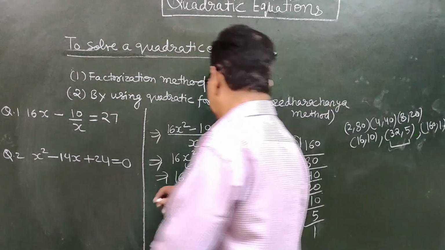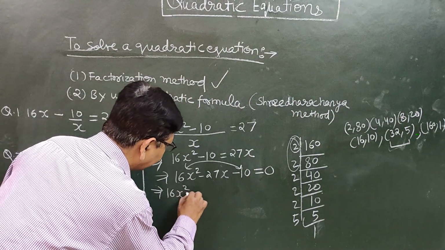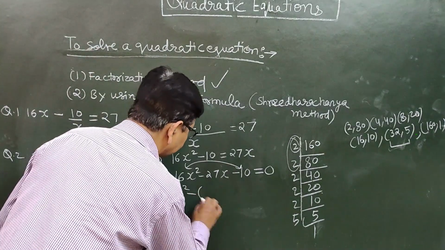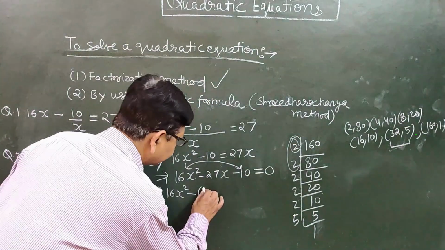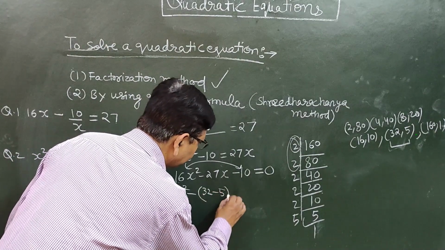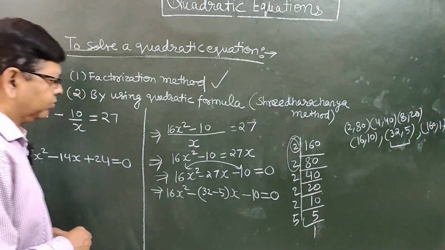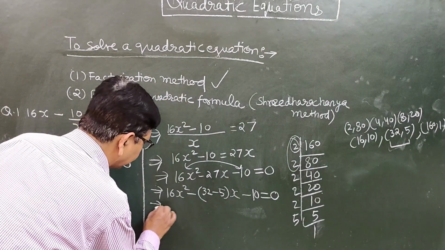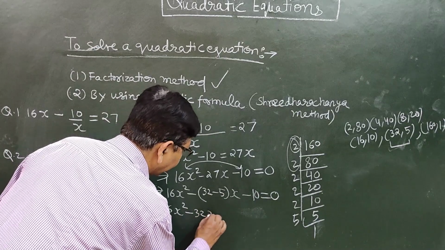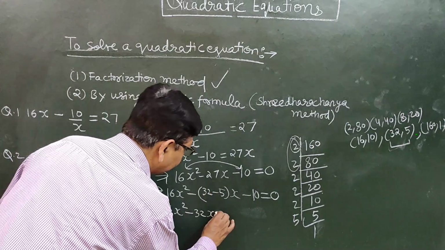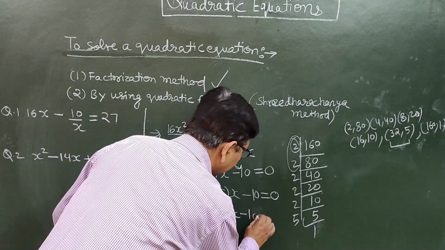So I can write 16x square, keeping the minus sign as it is, and then 27 I will write as 32 minus 5, into x, minus 10 is equal to 0. Now simplifying further, 16x square minus 32x, and this minus and minus is plus 5x minus 10 is equal to 0.